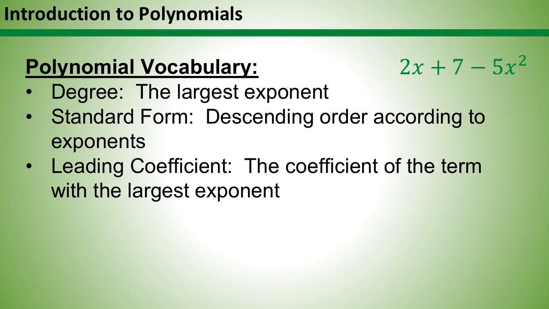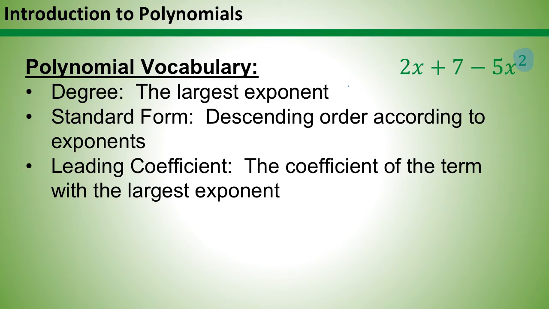Something else that we'll be looking at is some characteristics of these things. So degree. Degree is always the largest exponent. Okay, so if I look at this problem right here, 2x plus 7 minus 5x squared, 2 is actually my biggest exponent.